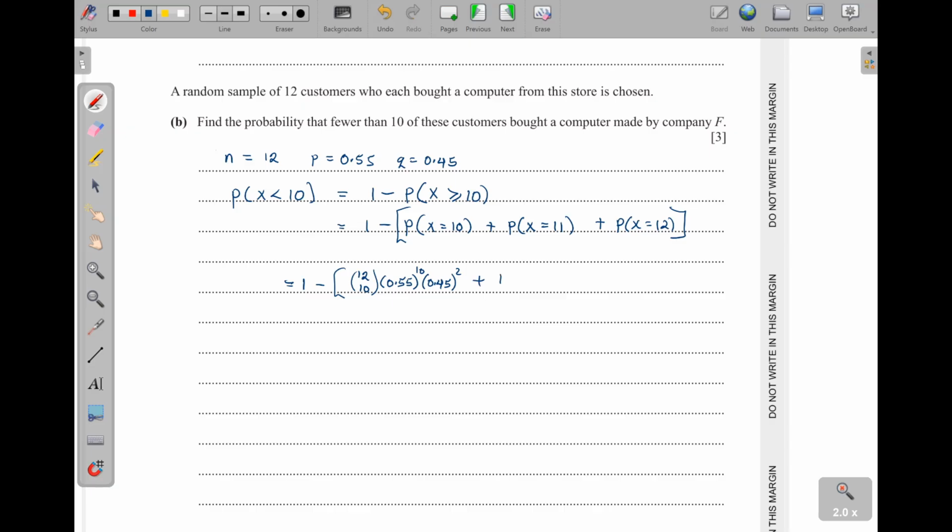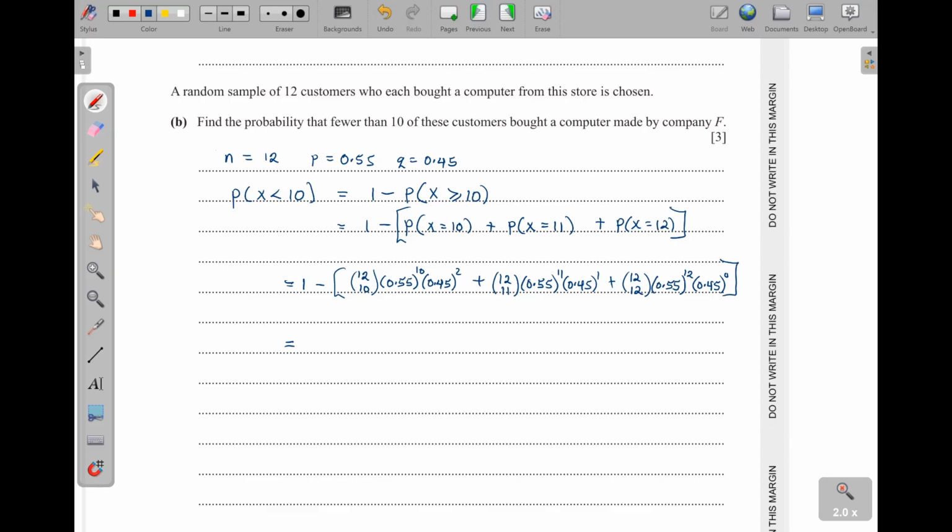Then plus 12 combination 11, and then 0.55 to the power of 11, and then 0.45 to the power of 1, then 12 combination 12, which is 1, times 0.55 to the power of 12, but then 0.45 is to the power of 0, which is also 1 there.